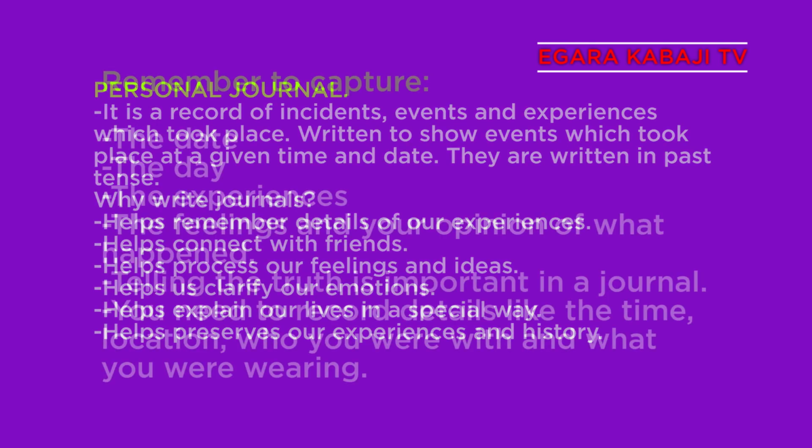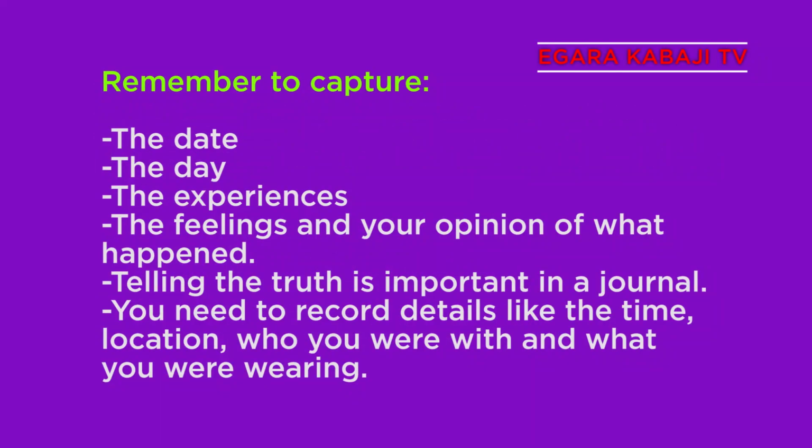As you write your journal, remember to capture the date, the day, the experiences and events of that particular day, the feelings and the opinion you had on what happened on that particular day.